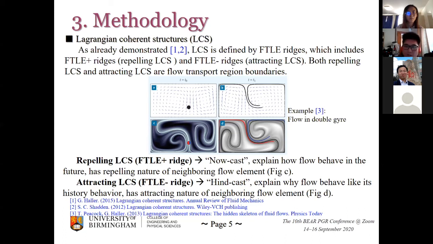Because we already know how the flow behaves, but we want to go back to find the reasons. So it's a different function. The repelling LCS uses future data to predict the future behavior, and the attracting LCS uses history data to explain the reason. So this is the first question.